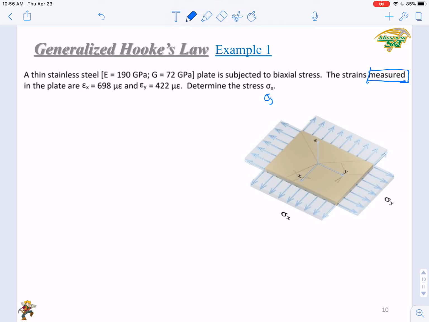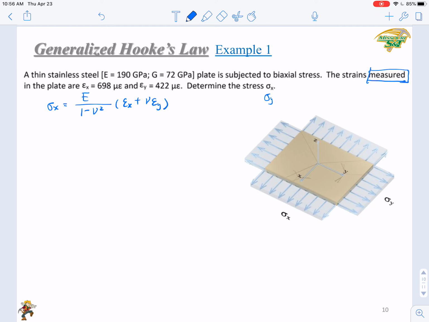Let's write the equation here. First of all, sigma x equals E over 1 minus Poisson ratio squared, times epsilon x plus nu epsilon y. So this is the equation.